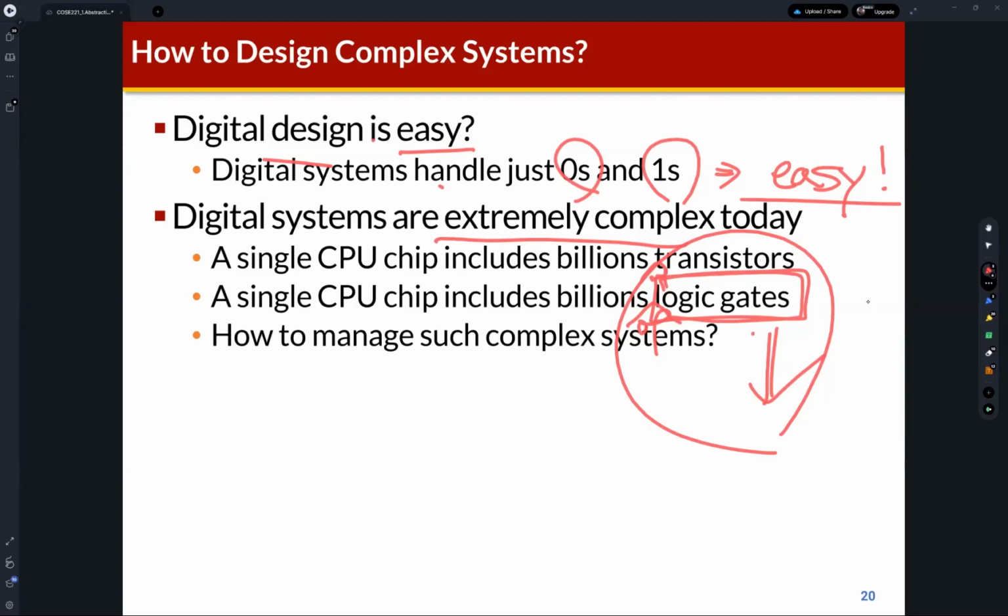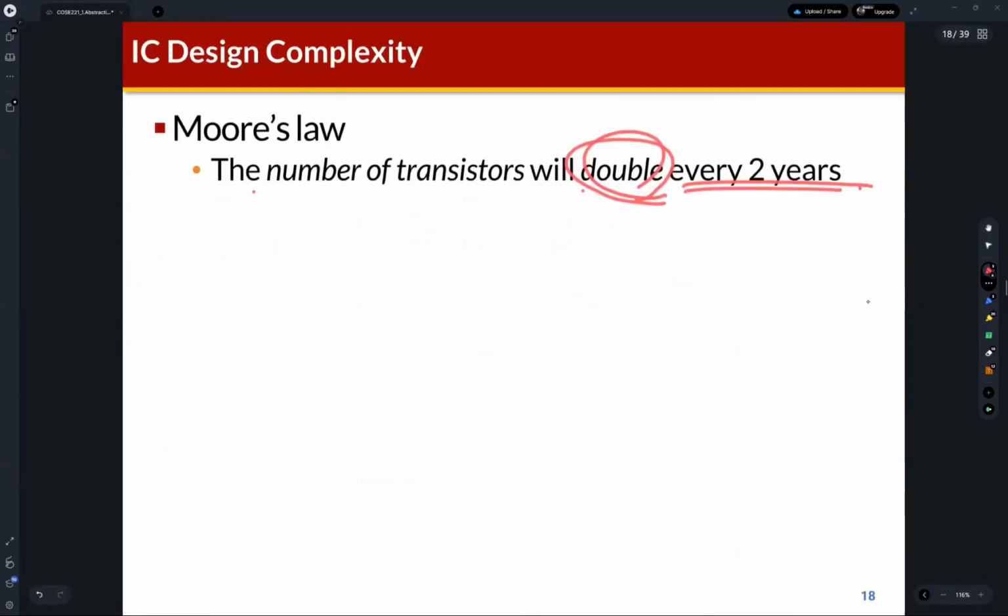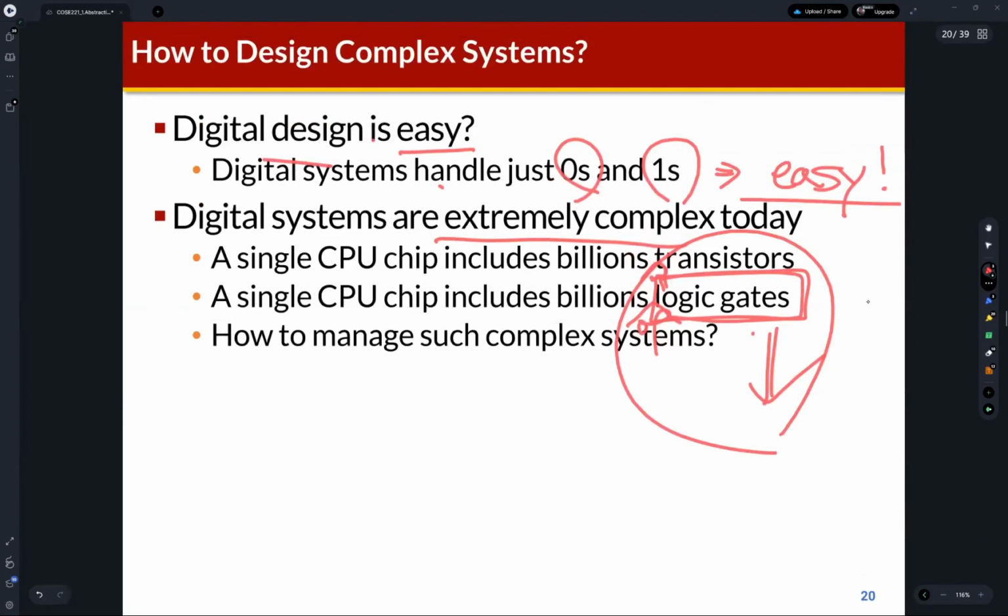One engineer cannot build these complex systems. At Intel, many engineers are working, and these large CPUs are designed by many engineers.